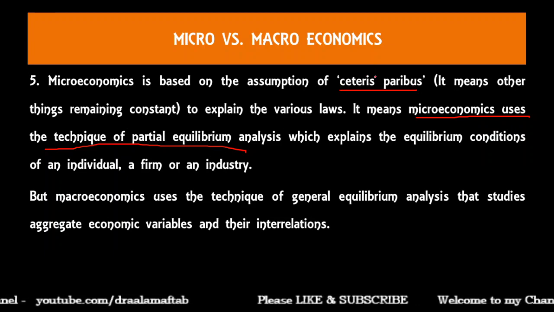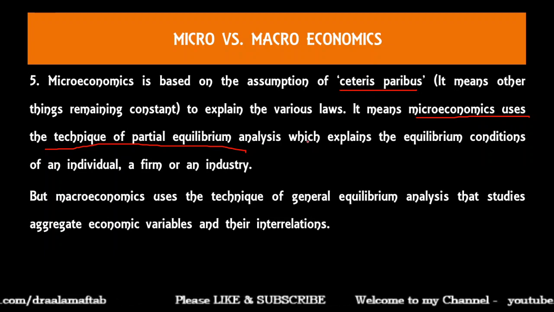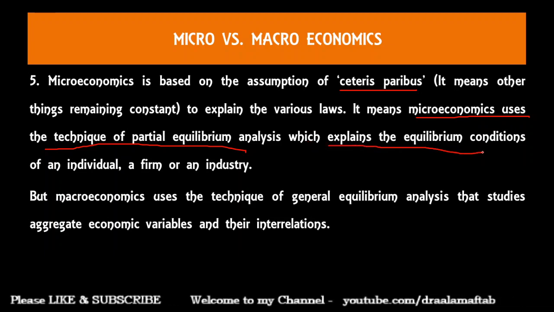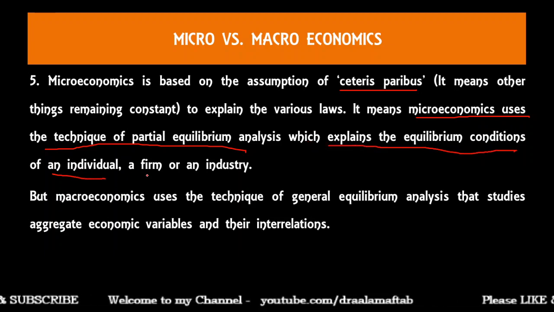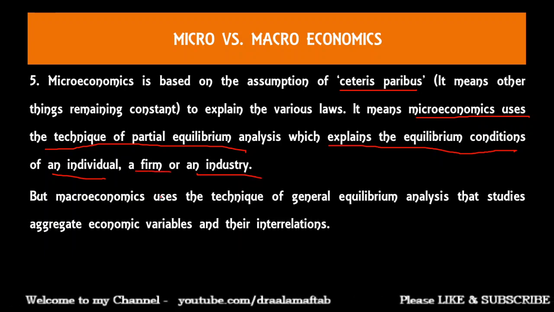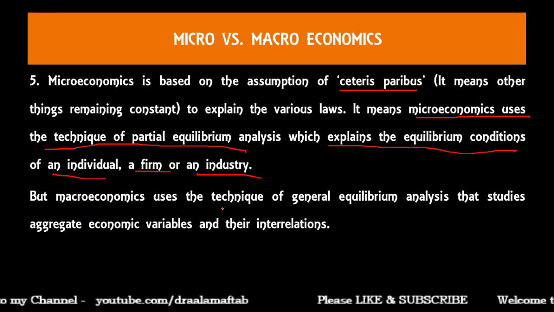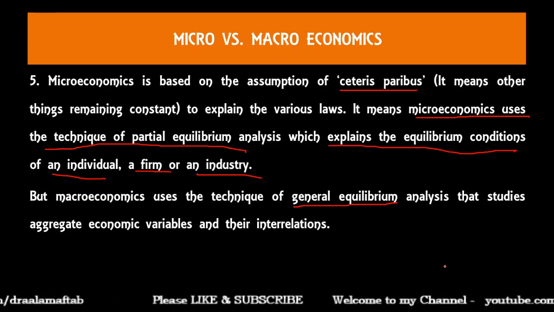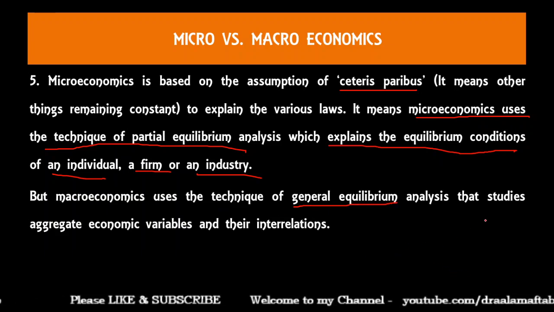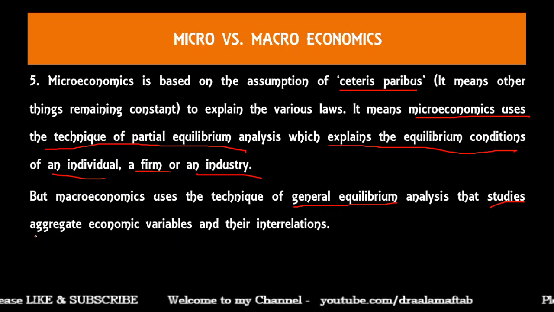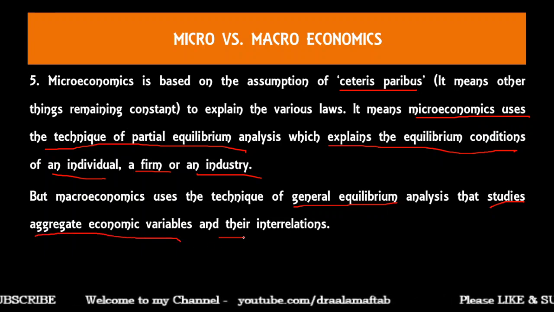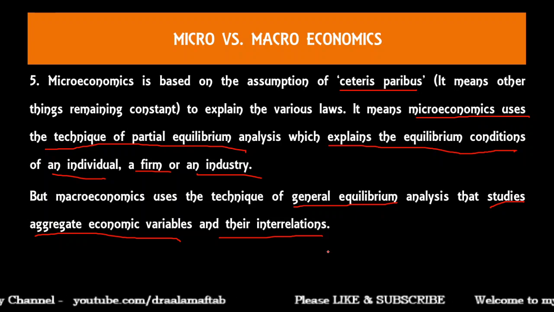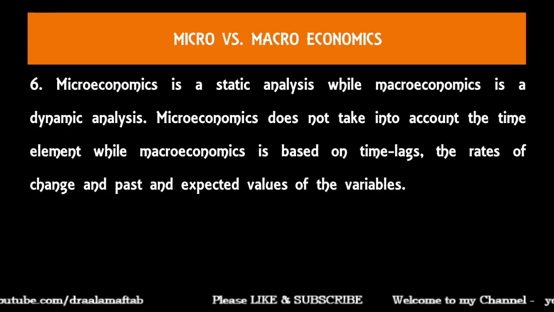It considers other things constant, then tries to correlate variables, which explains equilibrium conditions of an individual firm or an industry. Whereas macroeconomics uses the technique of general equilibrium, simultaneous equilibrium in the overall economy, which studies aggregate economic variables and their interrelations. So this is the fifth difference between micro and macroeconomics.